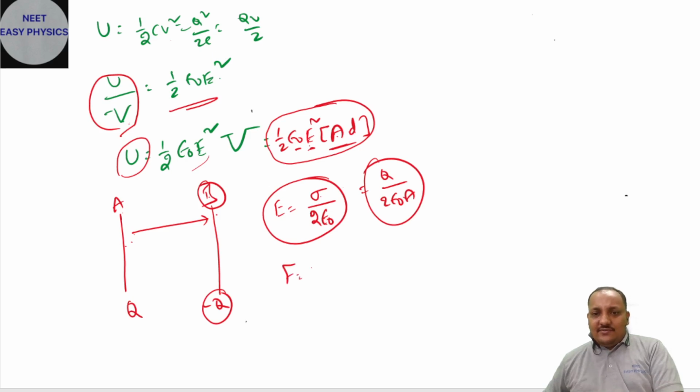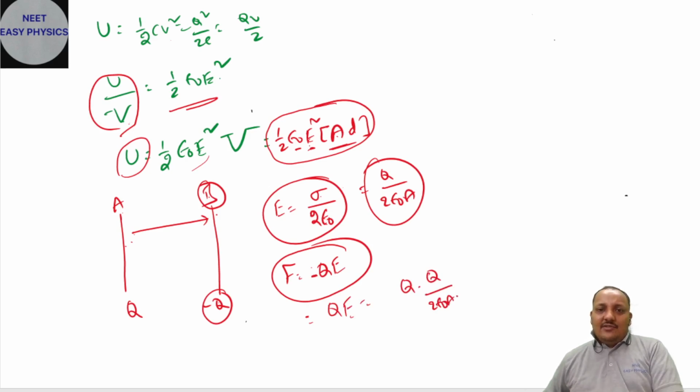Then what is the force formula? They will ask the magnitude of force. Therefore F equals QE. Q into Q by 2 epsilon naught A. Therefore, force acting on one of the plates, a very important formula, is Q square by 2 epsilon naught A. This is the force acting on one plate of the capacitor due to the other metal plate: Q square by 2 epsilon naught A.